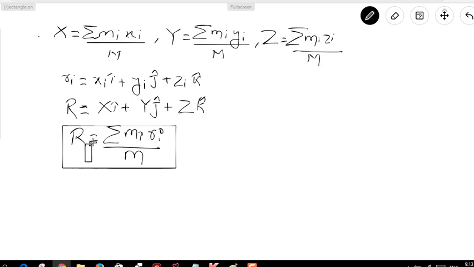So this is basically a representation of all these three equations in the form of a position vector. We can replace these three with one, and this is capital M, so let us take this M to this side.